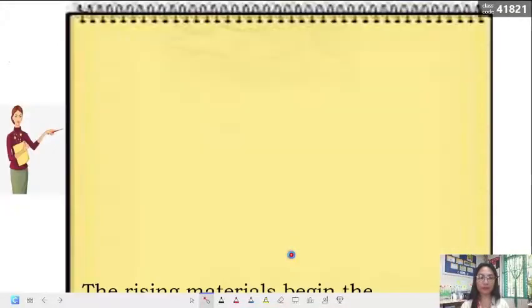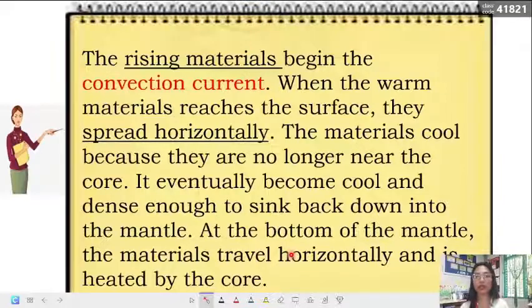Okay. So the rising materials begin the convection current. In the example, as the bubbles in our boiling water become hot, they rise. That's where the convection current starts. When the warm materials reach the surface, those very hot bubbles or particles reach the top, and they spread horizontally.